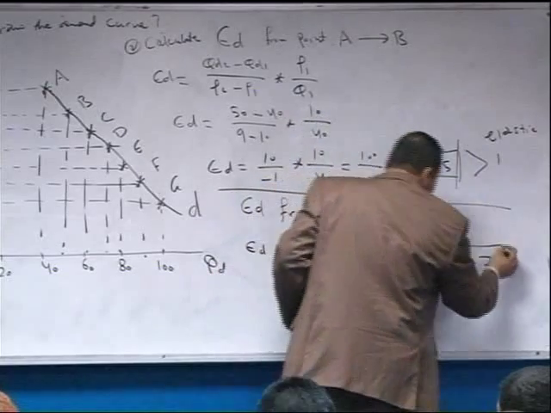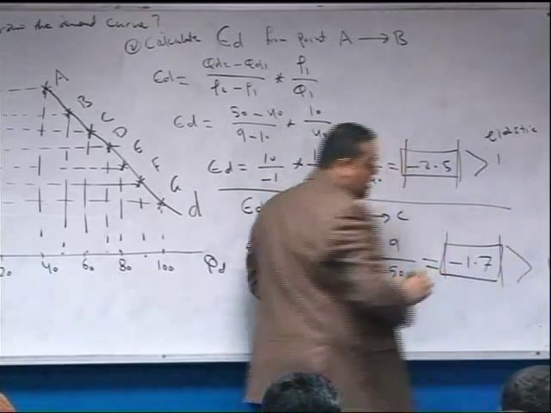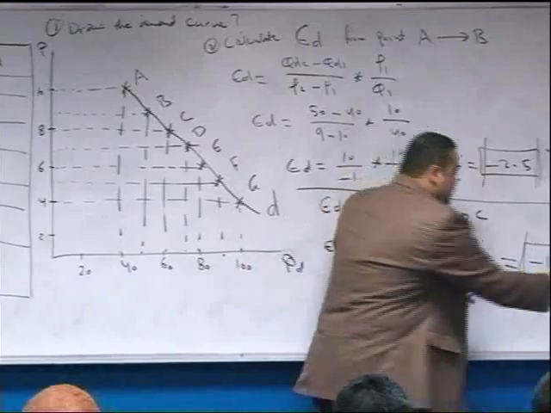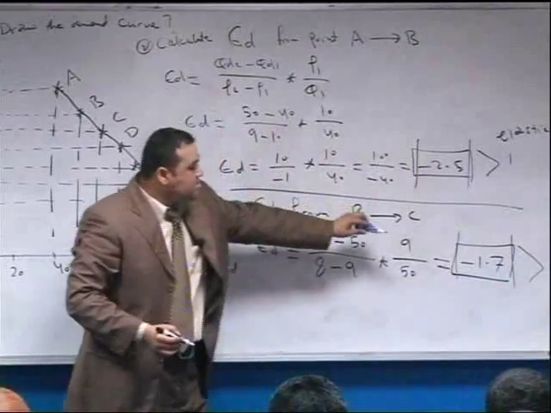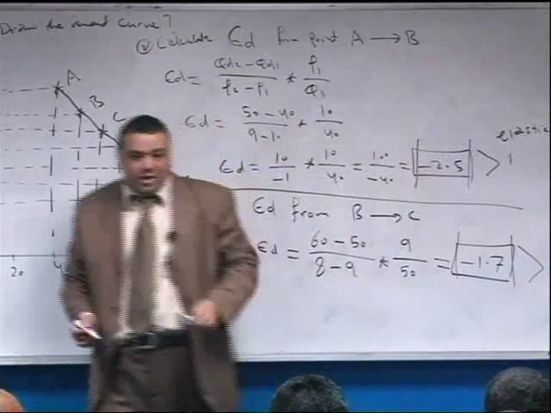It's elastic. The absolute value is larger than 1, but as you see, it's smaller than the previous one.